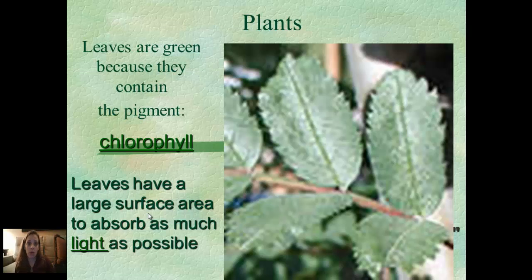So leaves are green because they contain the pigment chlorophyll. Chlorophyll is what is responsible for photosynthesis. So leaves have a large surface area so they can absorb as much light as possible in order to be very efficient at photosynthesis.